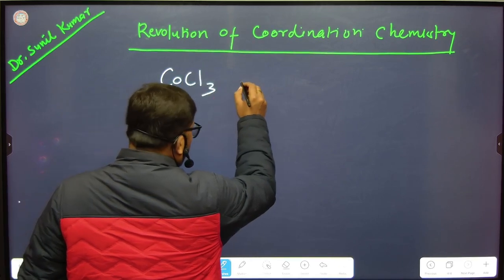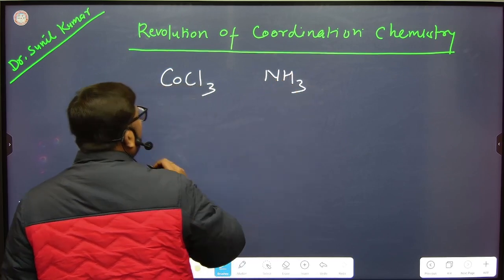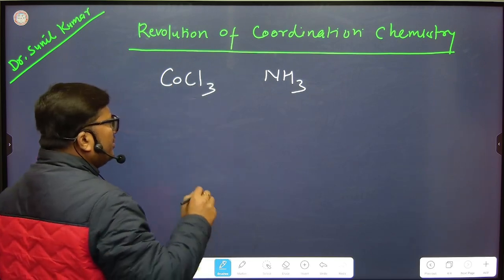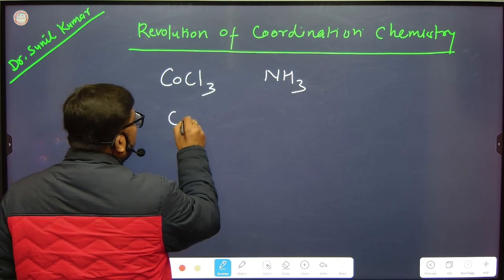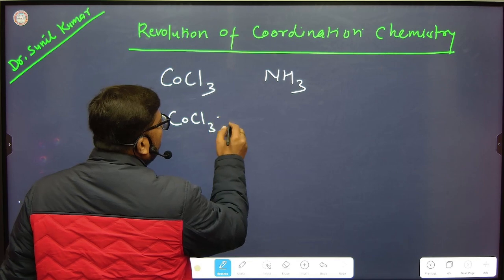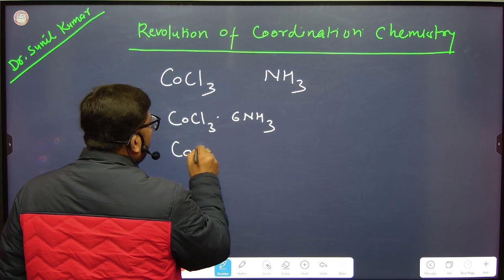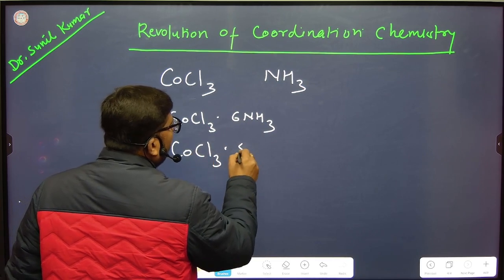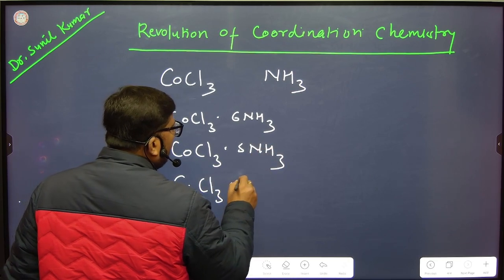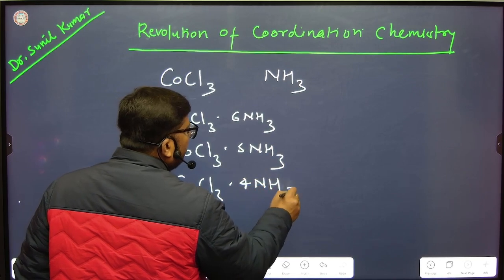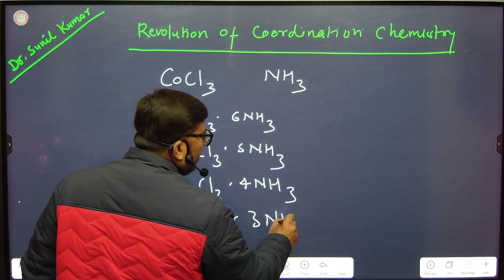So that is actually CoCl3 and NH3. By adding these two reagents, he has got a series of compounds, that is CoCl3 into 6NH3, CoCl3 into 5NH3, CoCl3 into 4NH3, CoCl3 into 3NH3.